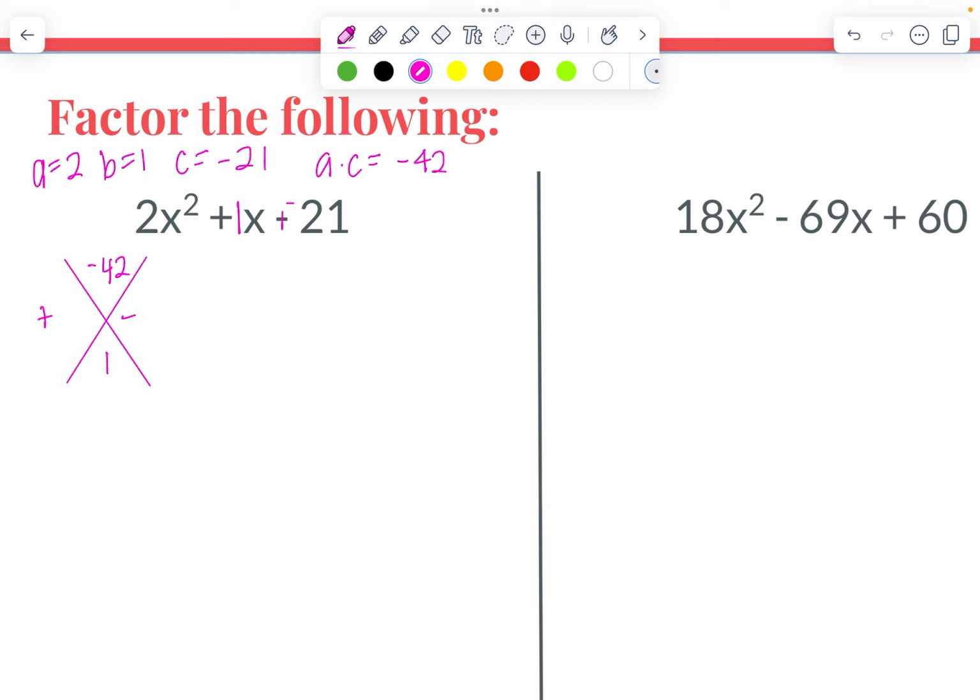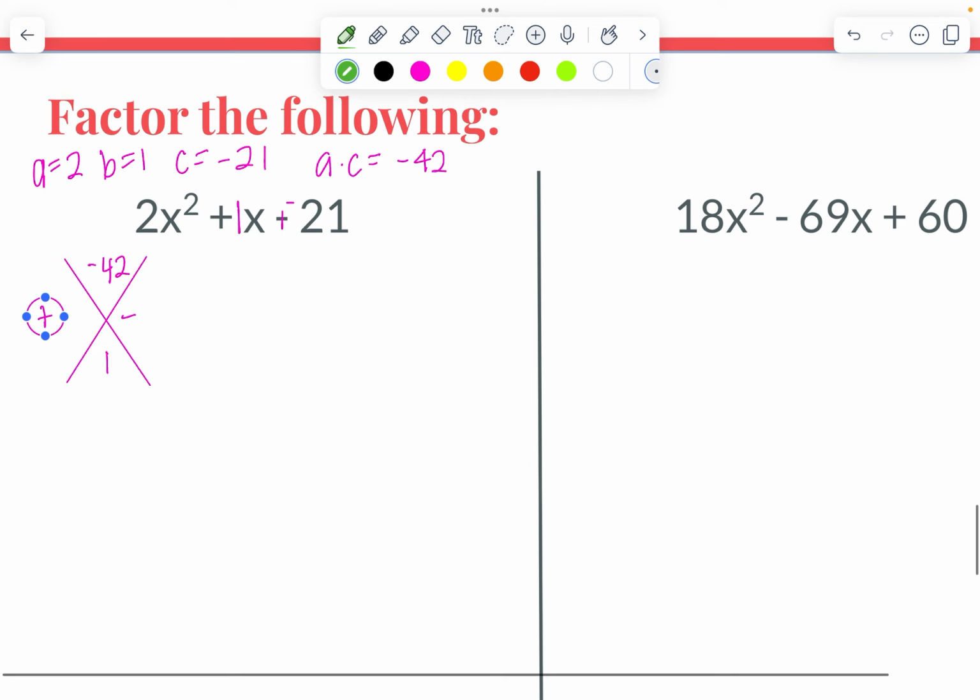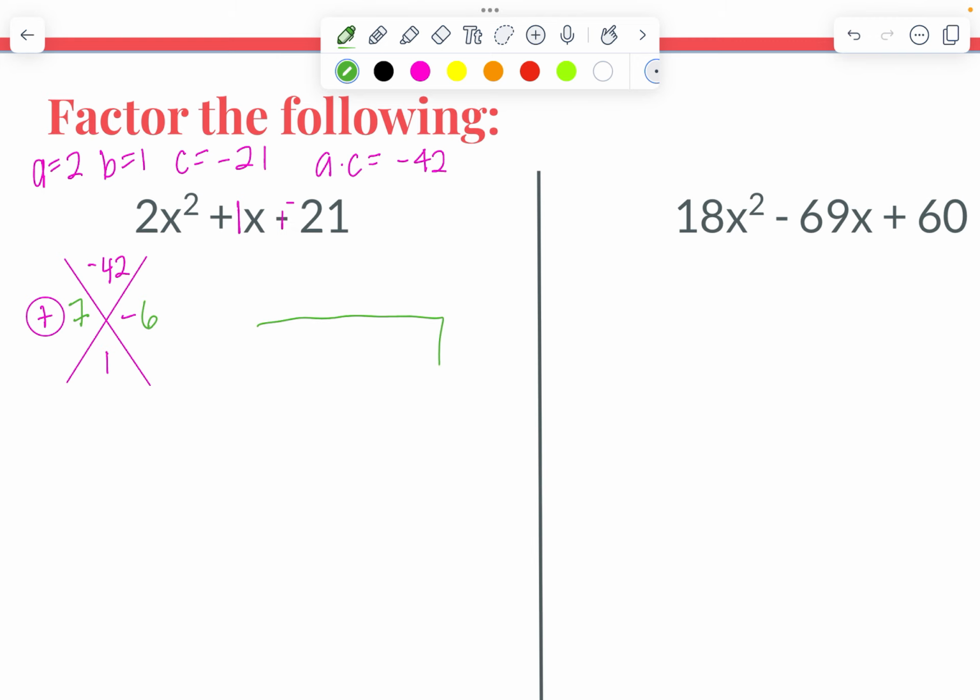So I know I have a positive and a negative, and the positive number is bigger. So remember now in this case, I'm looking for two numbers that multiply to 42 and subtract to give me 1. And those two numbers would be positive 7 and negative 6. 7 times negative 6 is negative 42. 7 plus negative 6 is positive 1.